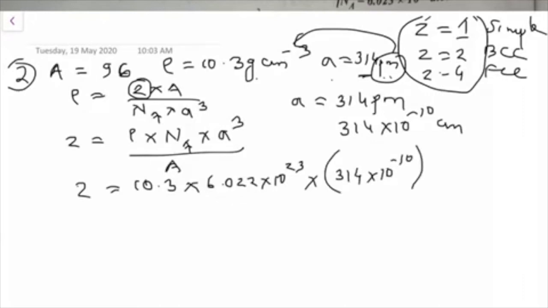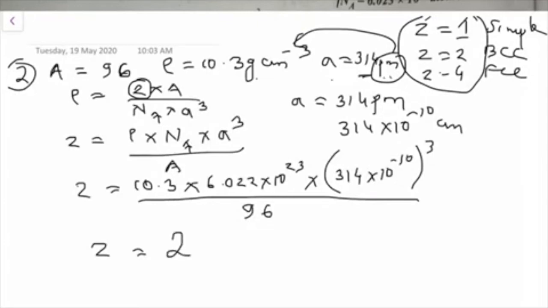But I want A cube, so if this is A, then A cube will be this. And this whole thing I'll divide by the atomic mass, which is given as 96. Now if you use your calculator, let's see how much it's come. Oh yeah, it is coming almost equal to 2. So Z value is coming 2.